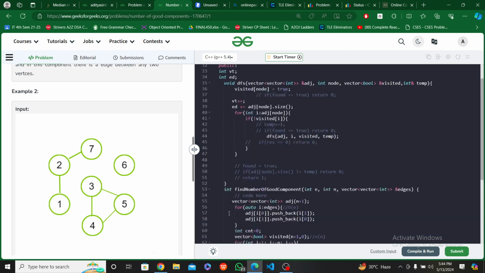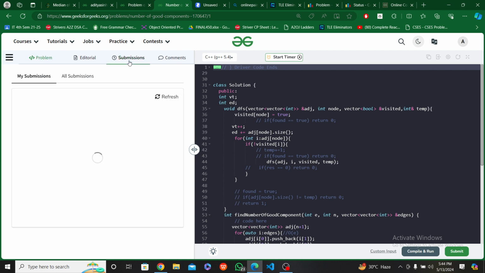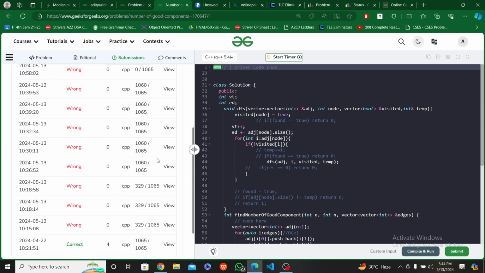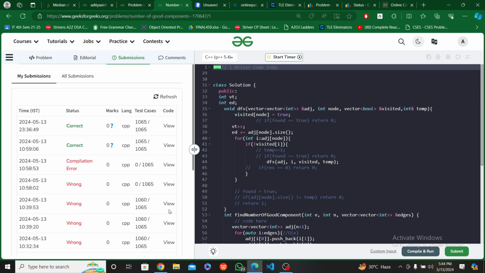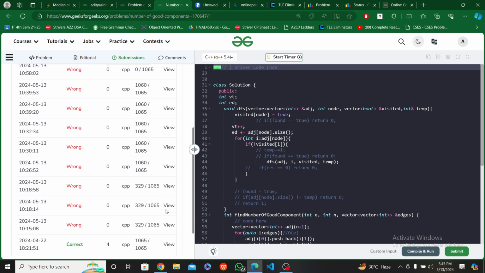Now I am explaining one more solution which I was solving at the start. I was solving with that method, but it went wrong.